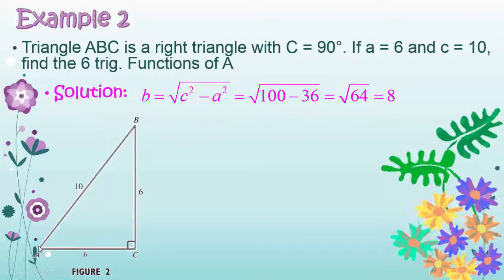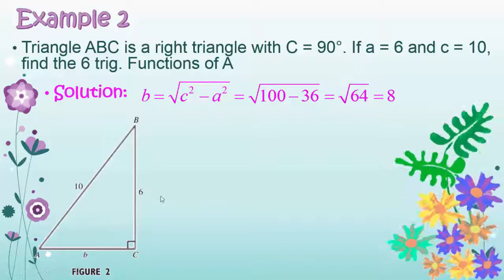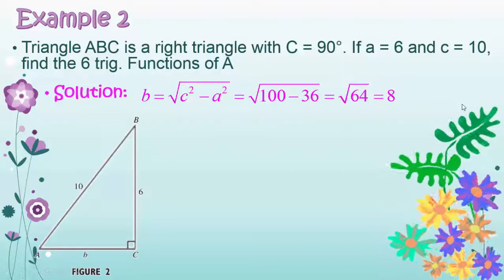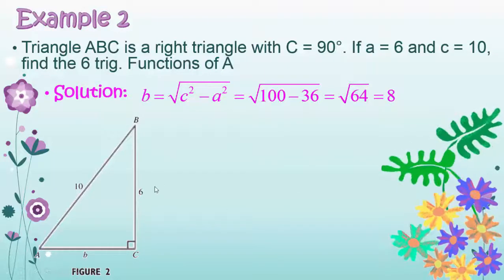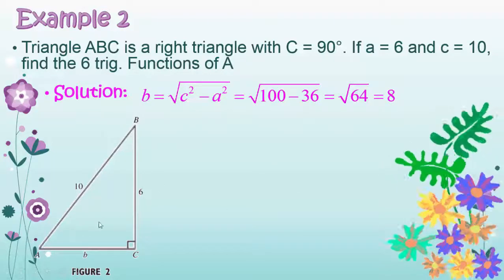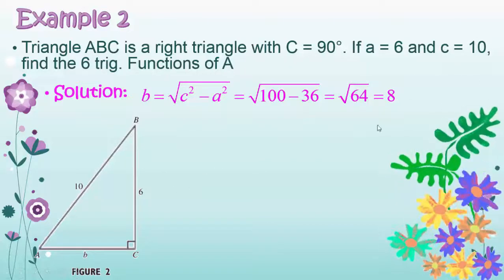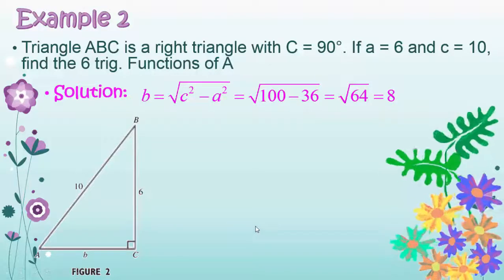The length a is opposite angle A, and the length c, of course, is opposite the right angle, and is 10. Here's how we define it: a is equal to 6 because that's opposite the angle A, and that means that c, since C is the right angle, 10 is our hypotenuse.